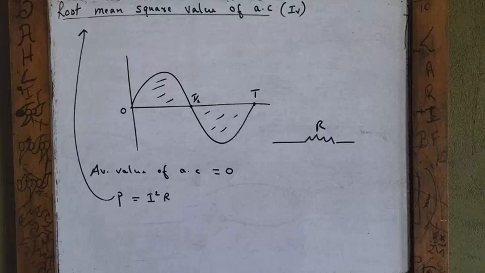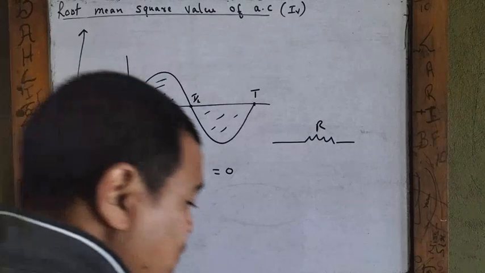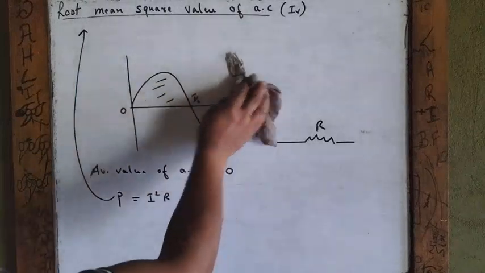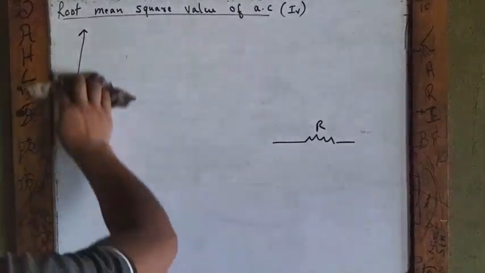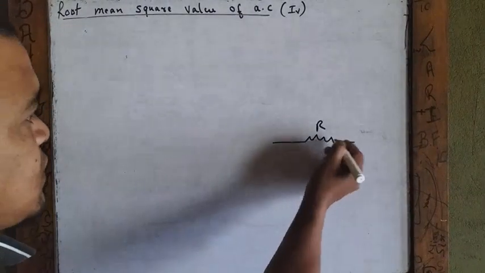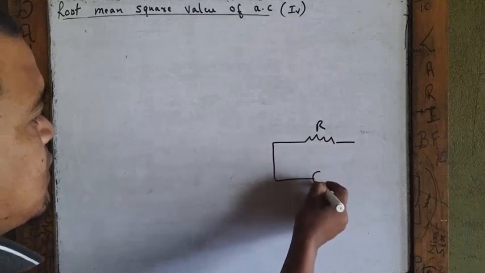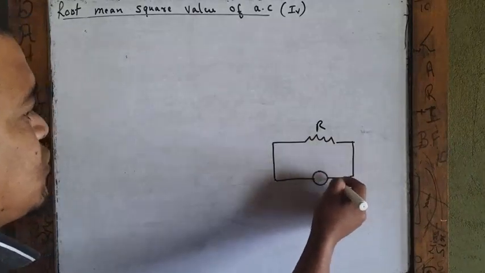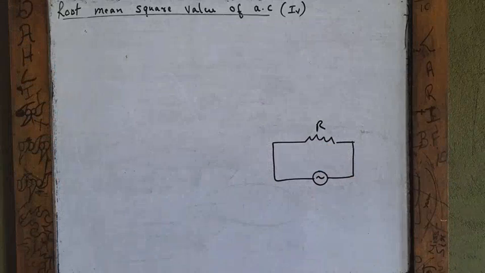let us derive the relation between the root mean square value and the peak value of alternating current. Okay, suppose this is my resistance and I connect this resistance to an alternating source.